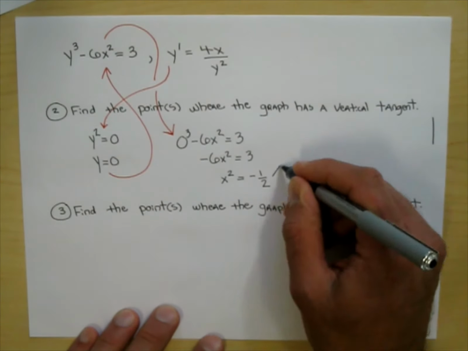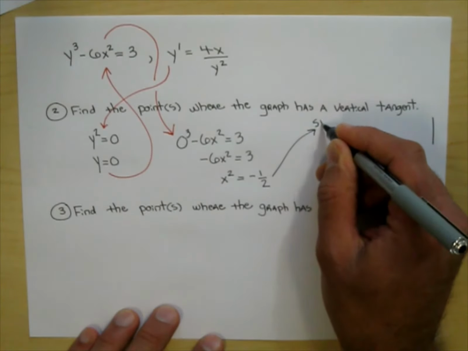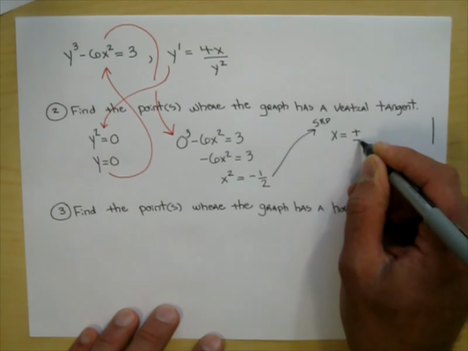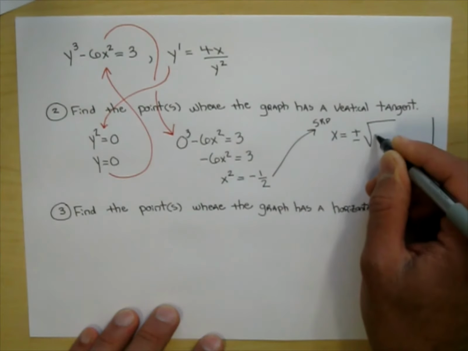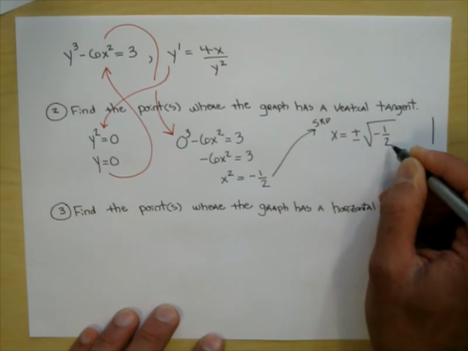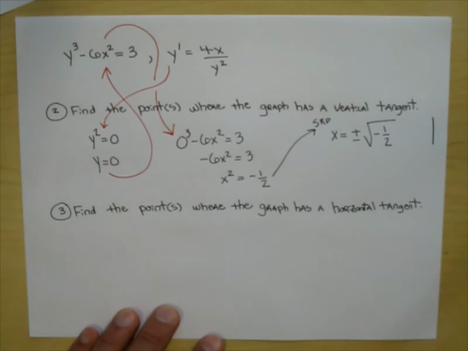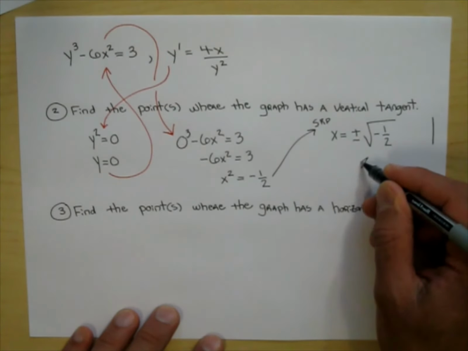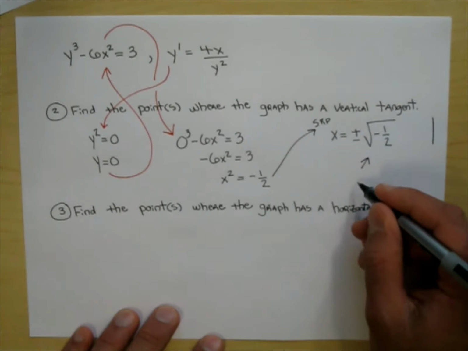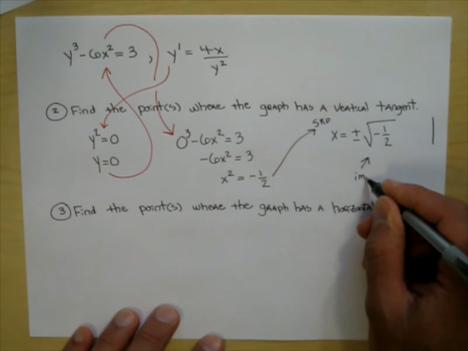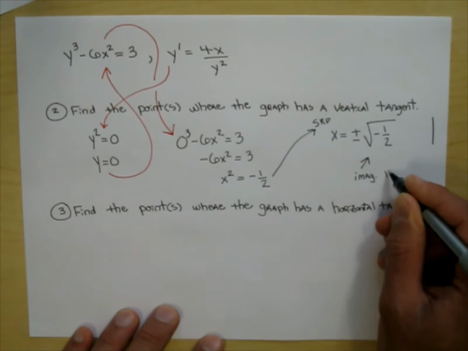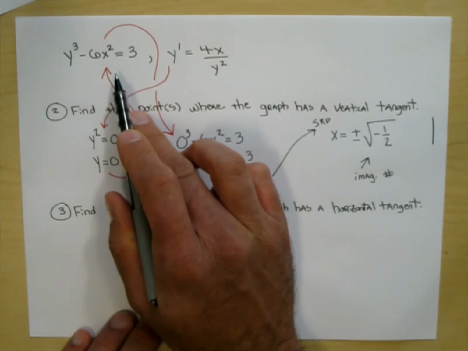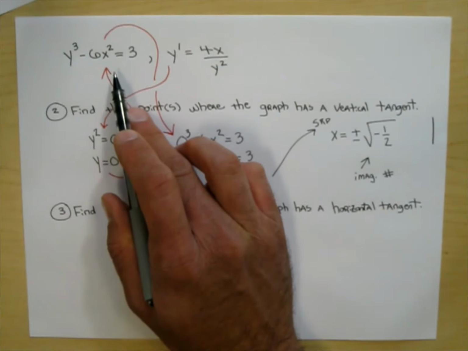When I do the square root property, this does give me plus or minus. But look what's under that square root: a negative number. A negative number under a square root is still a number, but it's not a real number. It's an imaginary number. And when you're looking at the graph, you're looking at real numbers on the x-axis and real numbers on the y-axis.